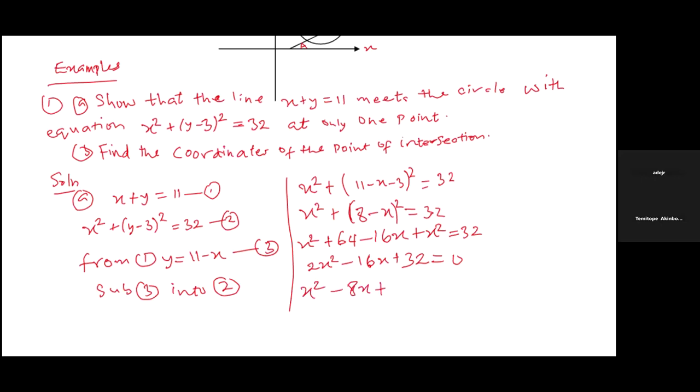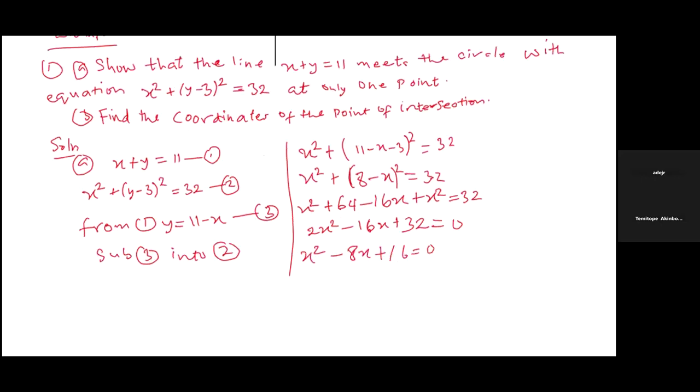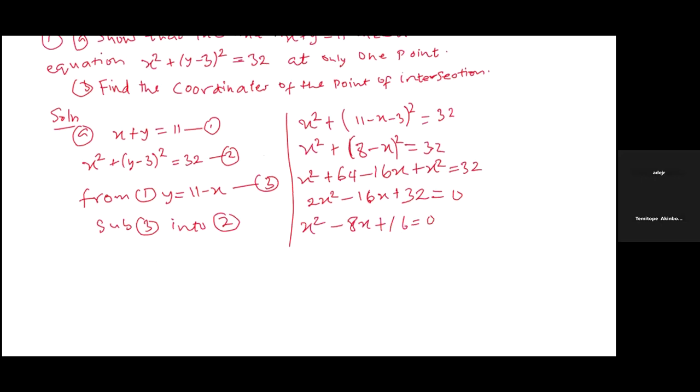So we now have a quadratic in x. So you now solve that using any method of your choice, either factorization or quadratic formula or completing the square method. But I think it's easy to use factorization here.